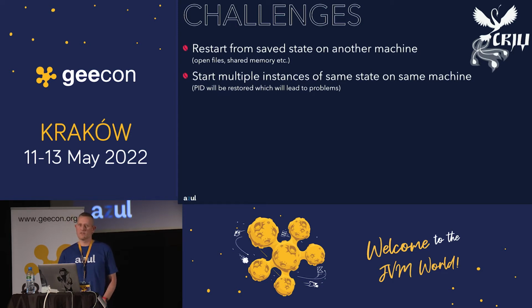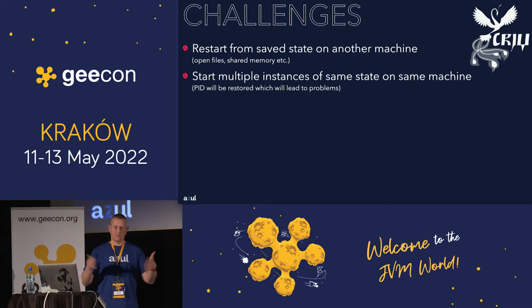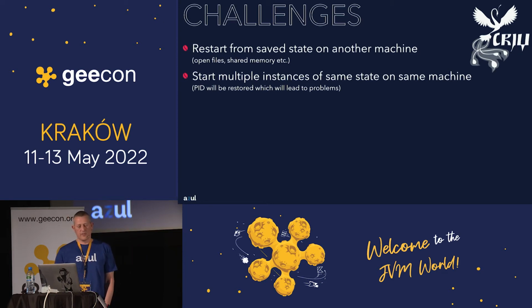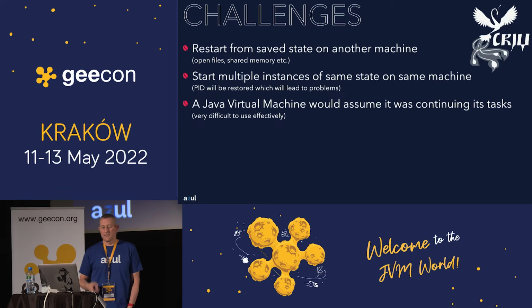Also not so easy, because as we know on Linux we have PIDs for each process, and this is stored, and you can't really restore the same PID twice on one machine. There are ways to do that, but usually this is problematic. And a Java virtual machine would assume it was continuing its task. So that's very difficult to execute here, to use it effectively. So that means just CRIU alone doesn't work here.